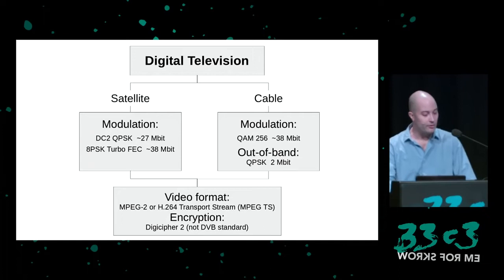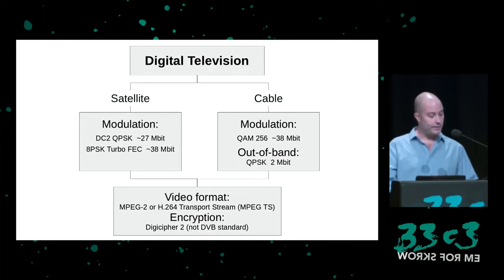There's also an out-of-band channel used by cable, which is QPSK modulated at 2 megabits. This out-of-band channel carries the subscription management, program guide information, firmware upgrades, etc. And while you change channels and the cable box tunes to different frequencies, this out-of-band channel remains tuned so that the box continuously receives this data no matter what TV channel you are tuned to.